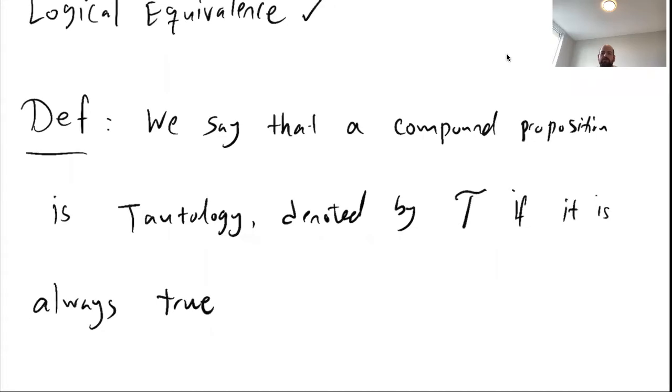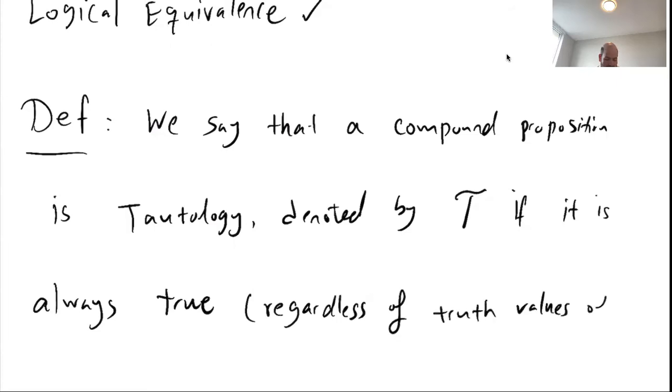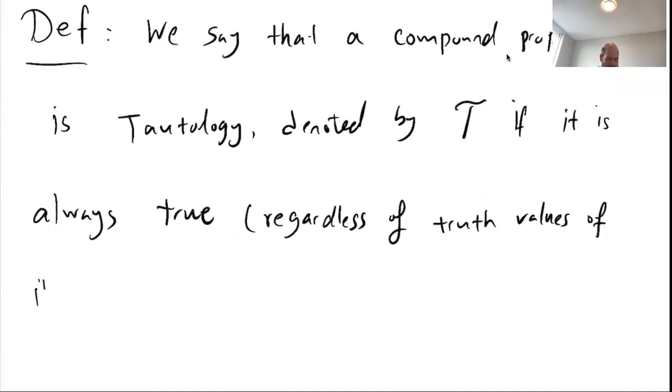Always true means what? Because it's a compound proposition, it could depend on the truth values of the components. It could potentially be sometimes true, sometimes false. But if it's always true, regardless of the truth values of its components, then we say it's a tautology.